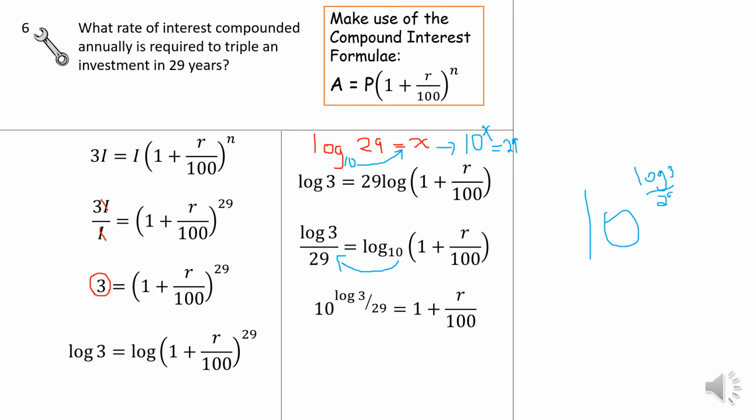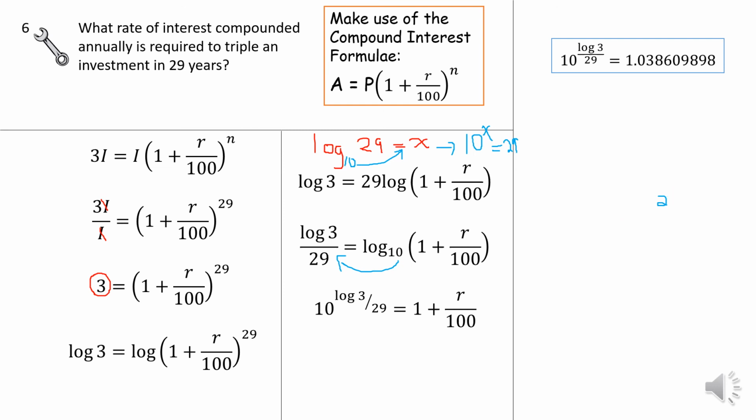Now this is a calculator value which I could show you, but because I don't want to deal with that long number, I am just going to leave it like that. You can actually have calculators that can assist you, where you can punch this in just as it is. So that is basically what that particular part is.